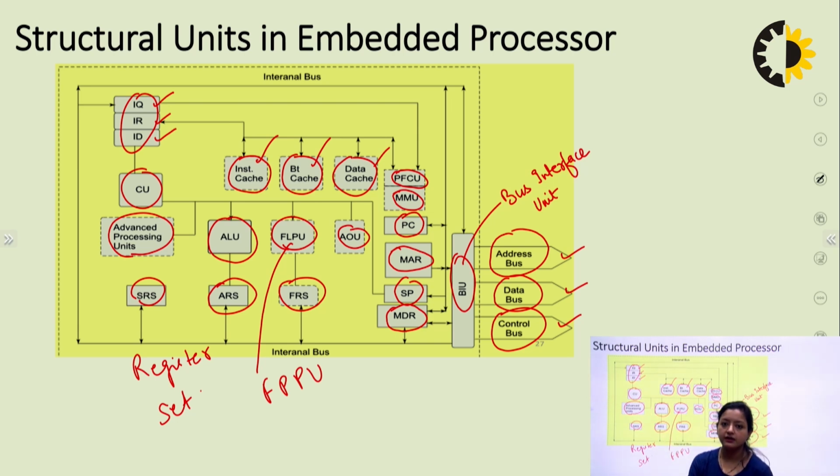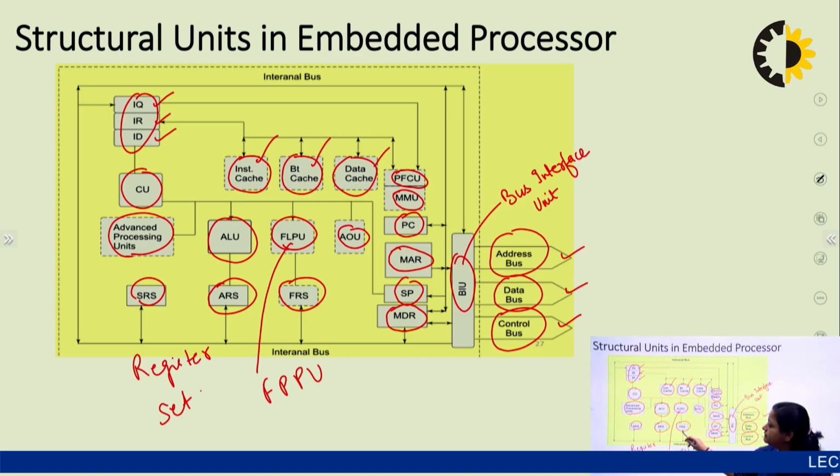CU is taking all the instructions in a sequence for the execution of a program. Then we have arithmetic and logical unit for all the arithmetic and logical operations. FPPU or FLPU, it is floating point processing unit, which is used for the operations of floating point numbers. Then we have a register associated with it, which is called floating point register set.